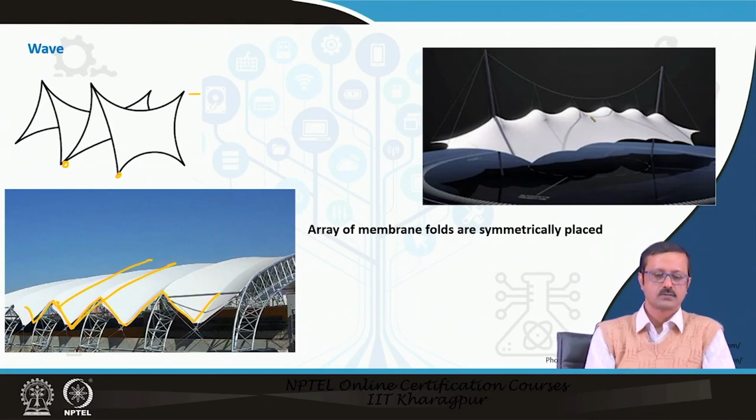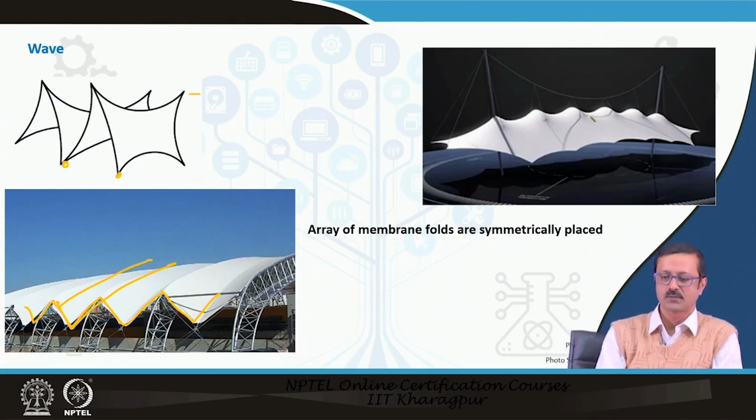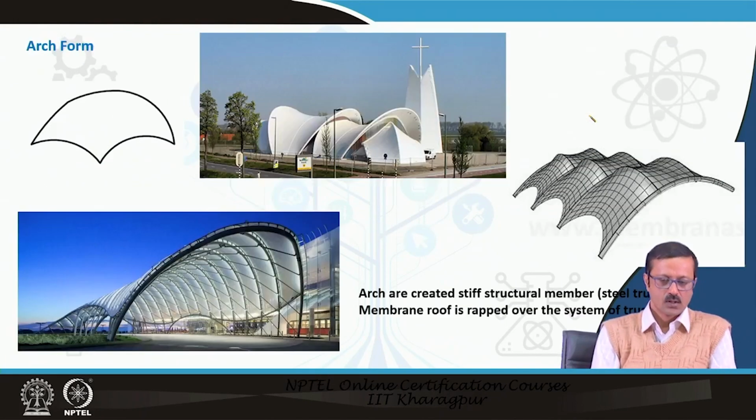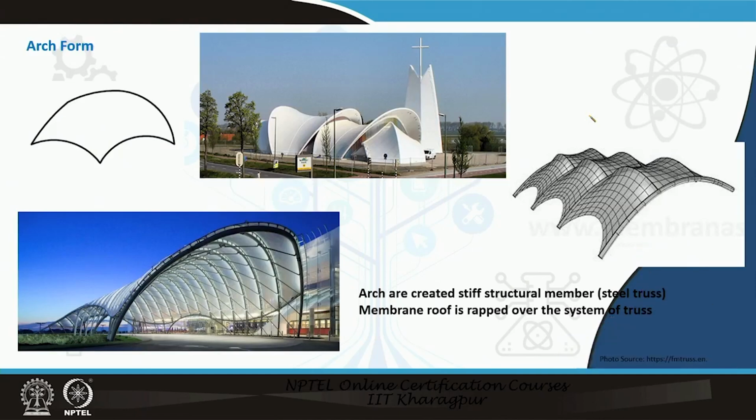The next one we will discuss is the arch. Sometimes you can go with the arch form and create some kind of wavy nature also. The arch form is where an arch is created with stiffened members. Sometimes one arch is created after another, but those arches are steel trusses, and those steel trusses create a stiffening attribute for the overall structural system, and over that you create the membrane.